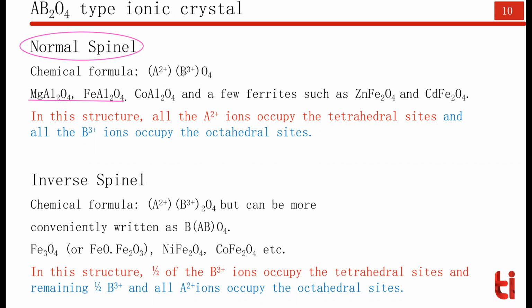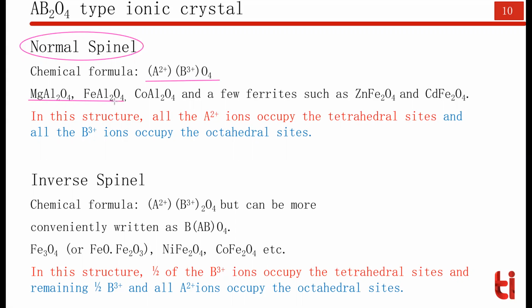Means the cation which has +2 valency will go and occupy the A side, while the cation which has +3 valency will always go and occupy the B side. If that is the situation, your spinel is the normal spinel. That means anyone whose chemical distribution is like this, A2+ B3+ O4, is normal spinel.